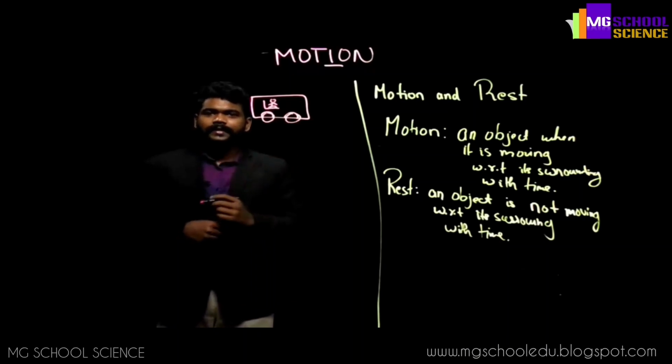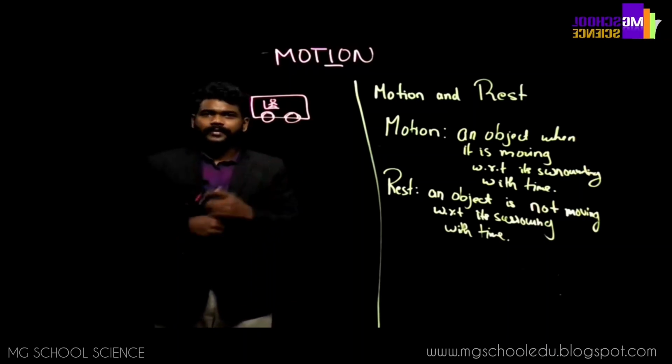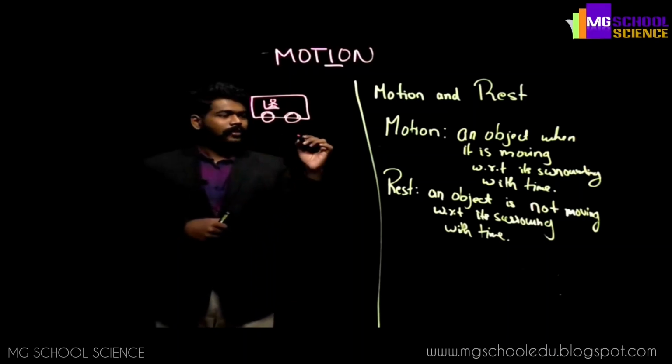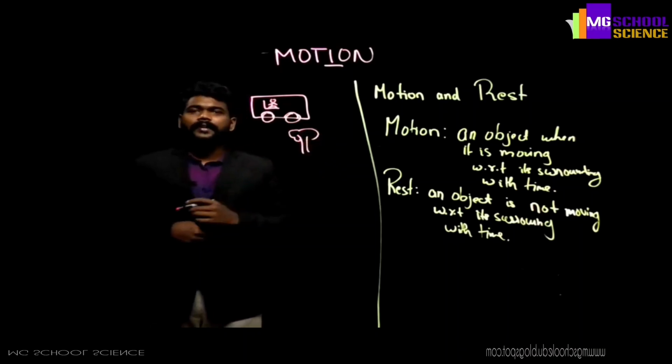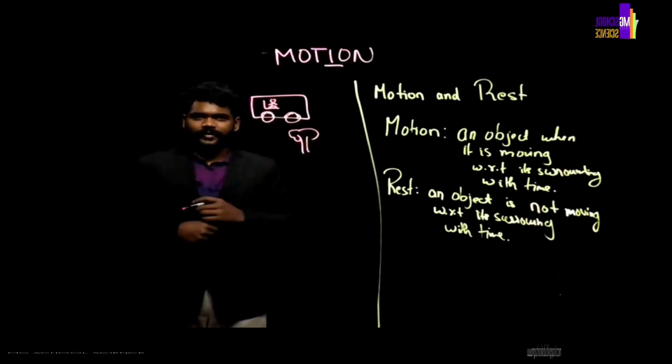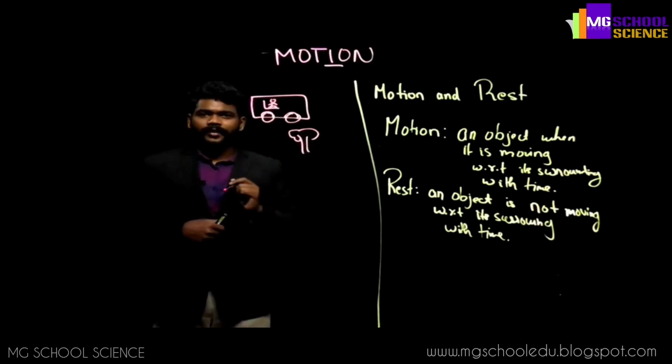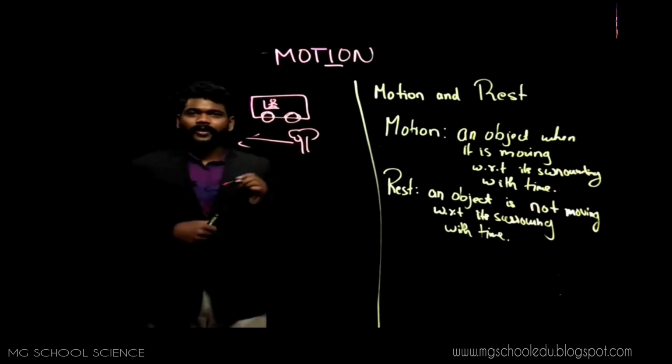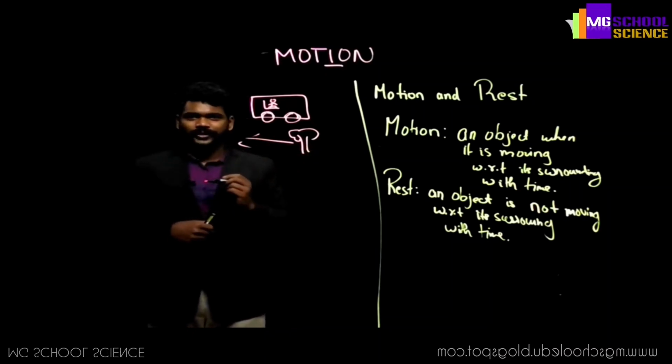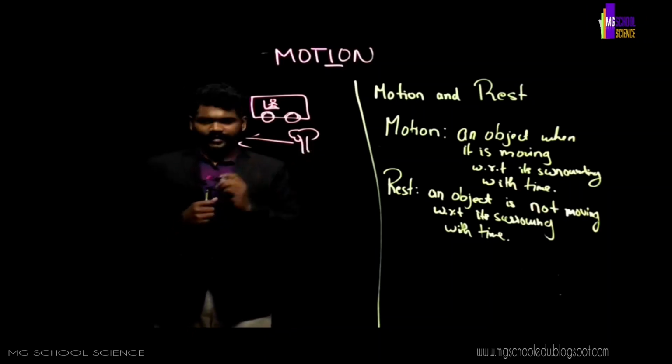Whenever you're sitting in the seat, you will feel that you are at rest. Now, say you are looking at a tree which is outside. When you look at the tree, you feel that the tree is moving, not you. The tree is in motion. Is it fine? Clear.